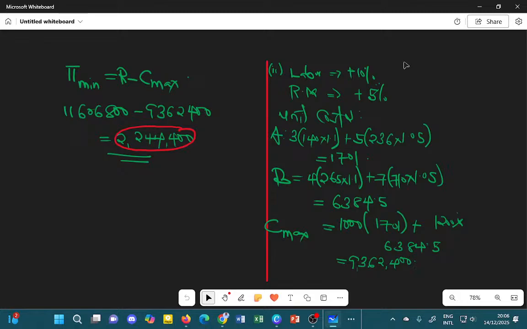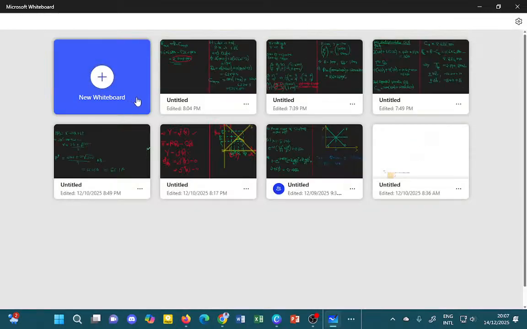That's a value that we worked out. And then expected minimum profit is 2,244,400. So those are the three questions that we were expected to work out.